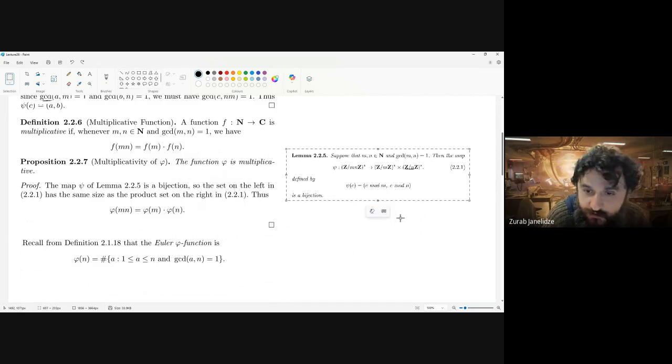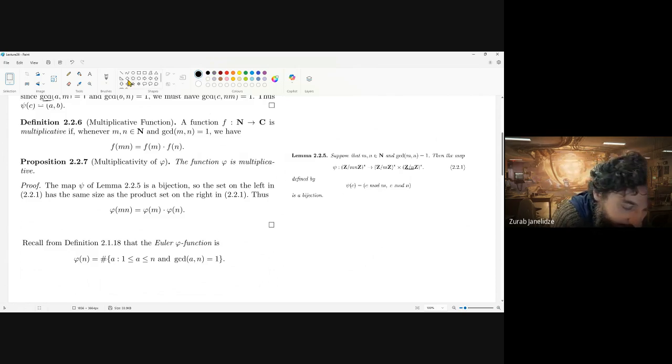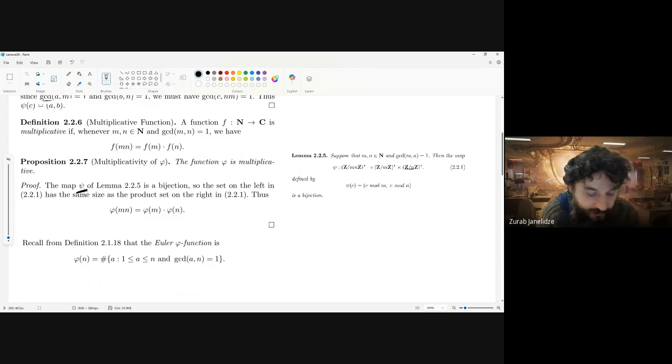I hope this is still visible a bit. So we know that the psi is a bijection. So the set on the left in this situation, this left-hand side set, has the same size as the right-hand side. The number of elements coincide.